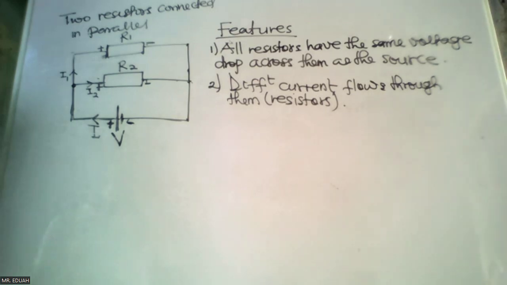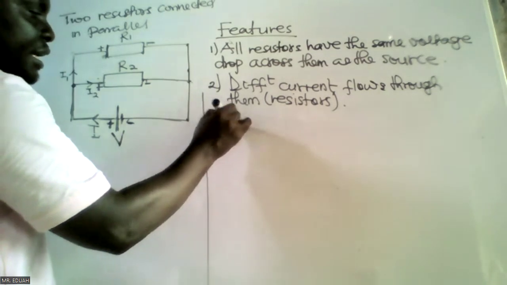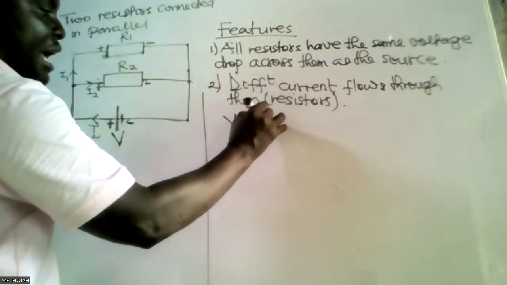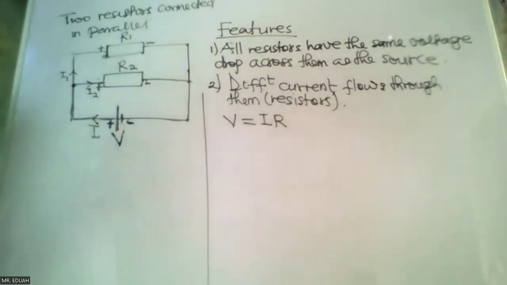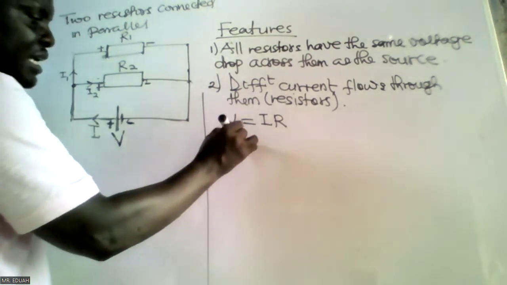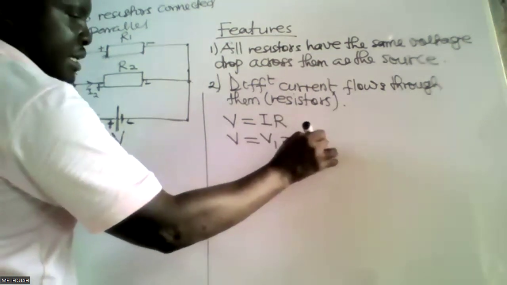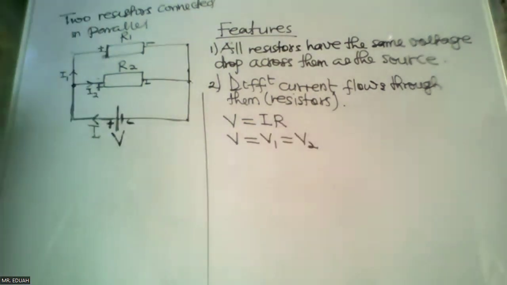All right. Let's then derive an expression for the total resistance. From Ohm's law, V is equal to IR. We've realized that V is equal to V1 is equal to V2, the same voltage drop across all of them.